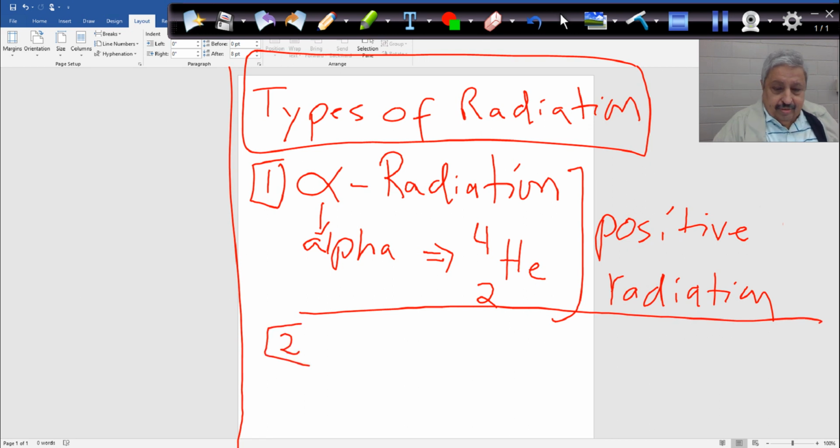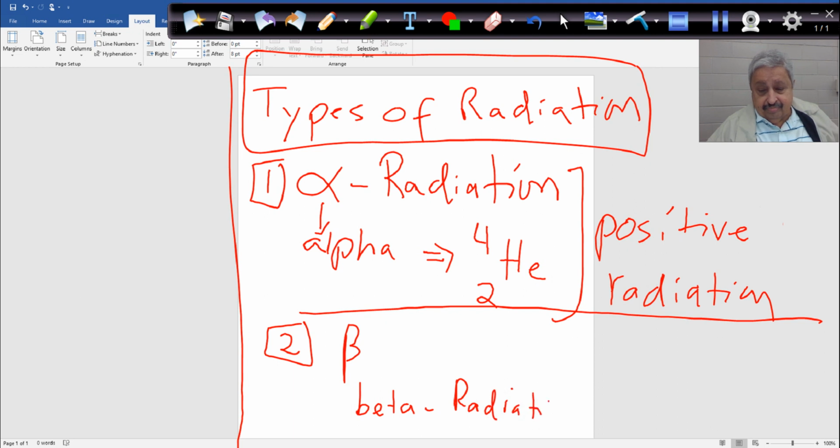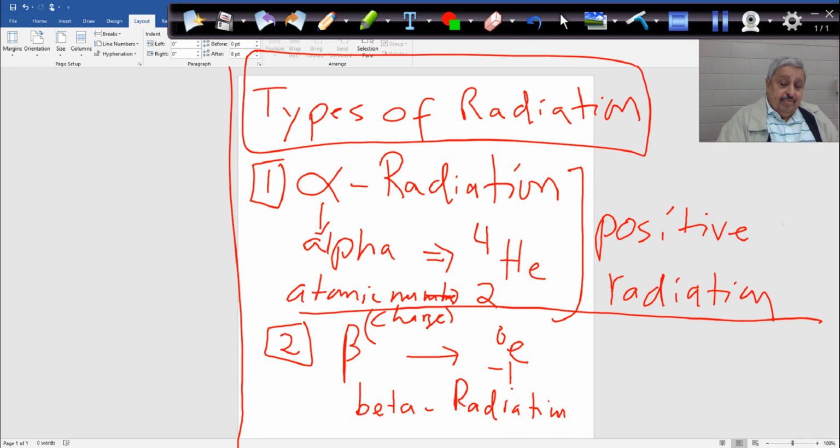Number 2, I have beta radiation. Beta radiation is electrons with atomic mass 0, has no mass, and atomic number or charge of -1.